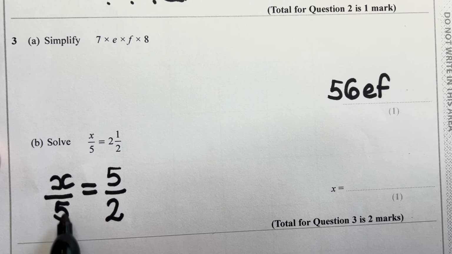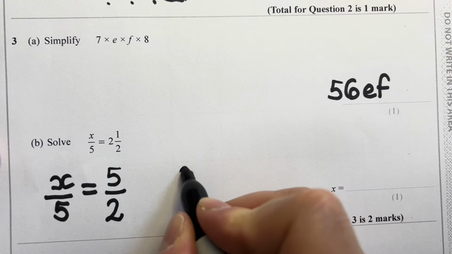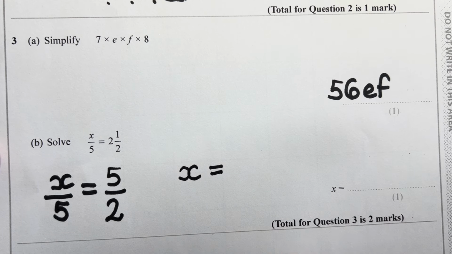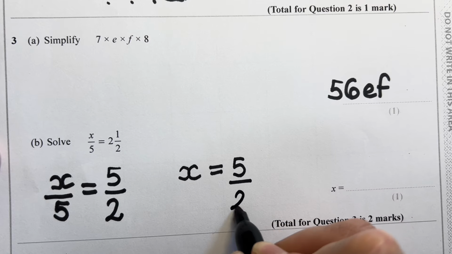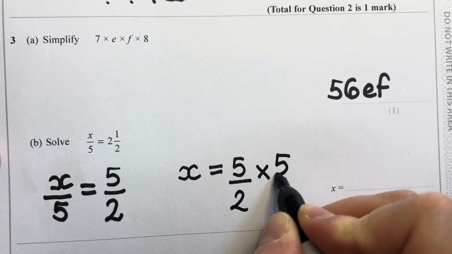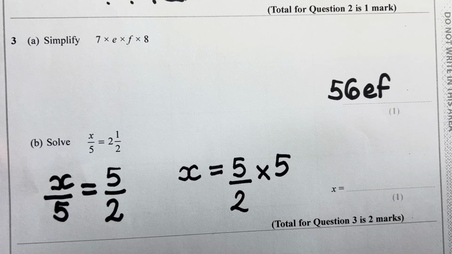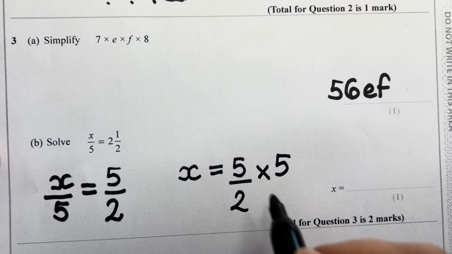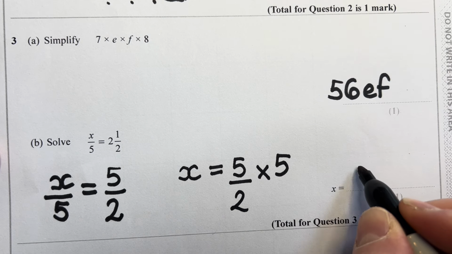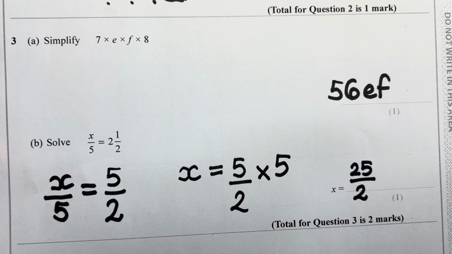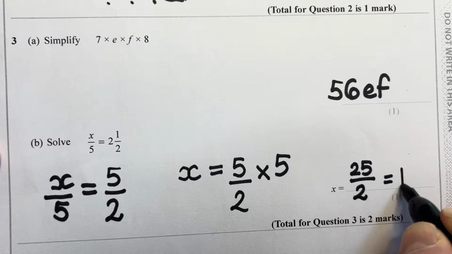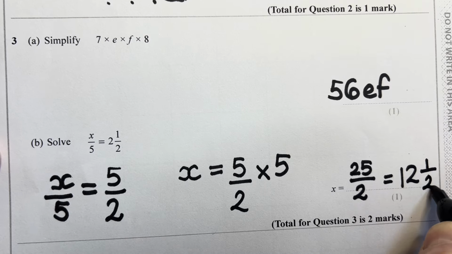This will cancel out with this 5, leaving us with x on the left-hand side. And then on the right-hand side, we will also multiply by 5. And this will give us a final answer of 5 times 5 is 25 over 2, which is the same as 12 1/2.